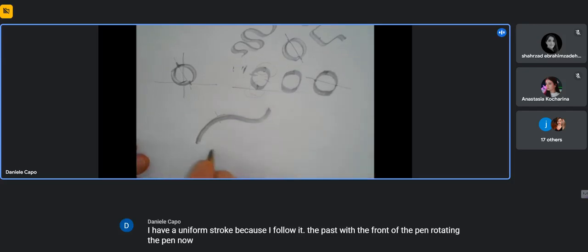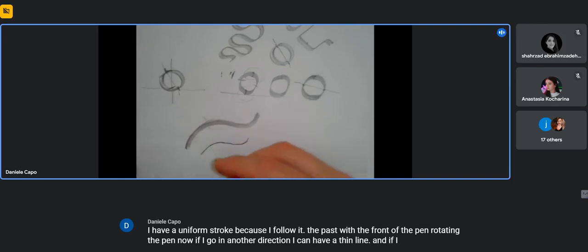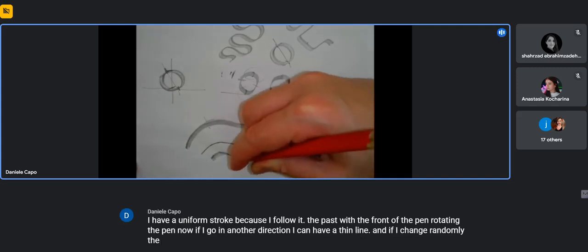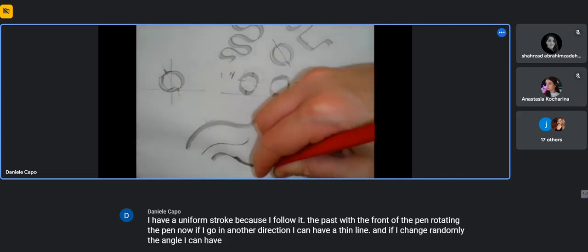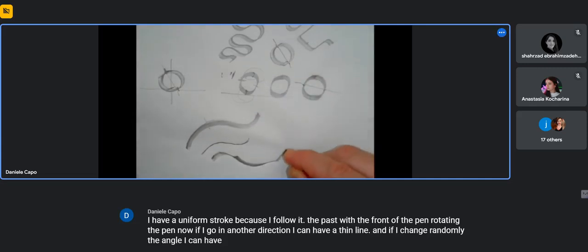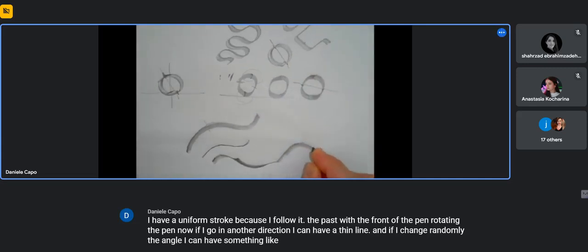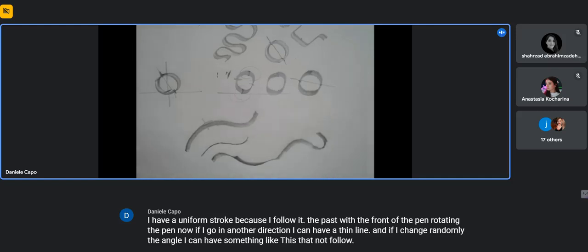Now, if I go in another direction, I can have a thin line, and if I change the angle randomly, I can have something like this that does not follow any rule.